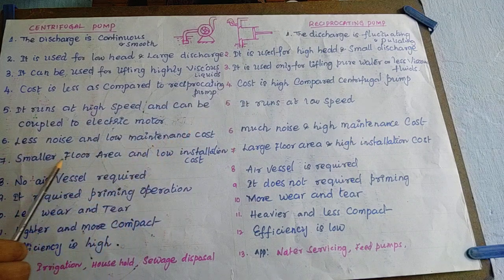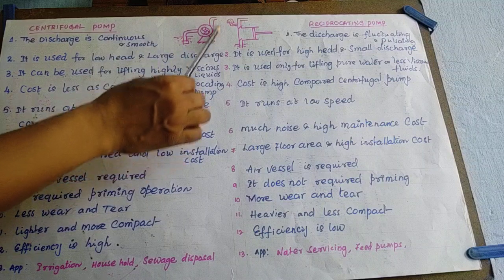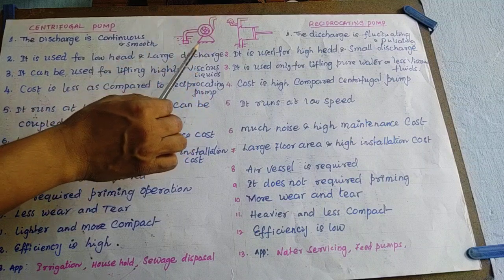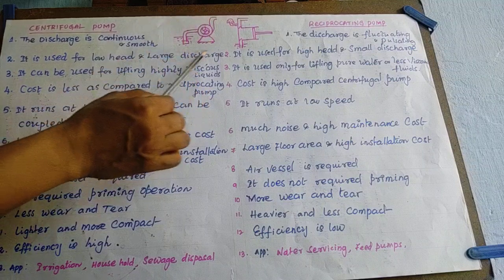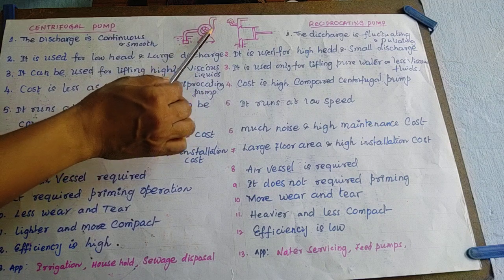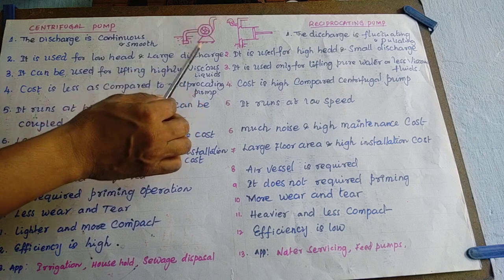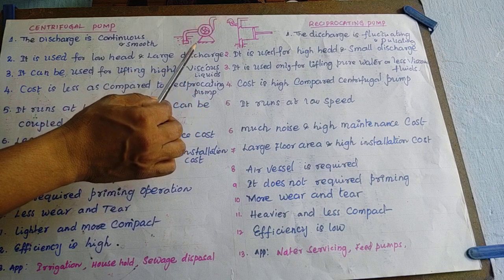And the next point is smaller floor area and low installation cost. So it occupies very less area because of the small design, that is, it can be manufactured in any size, so it can occupy very less area.